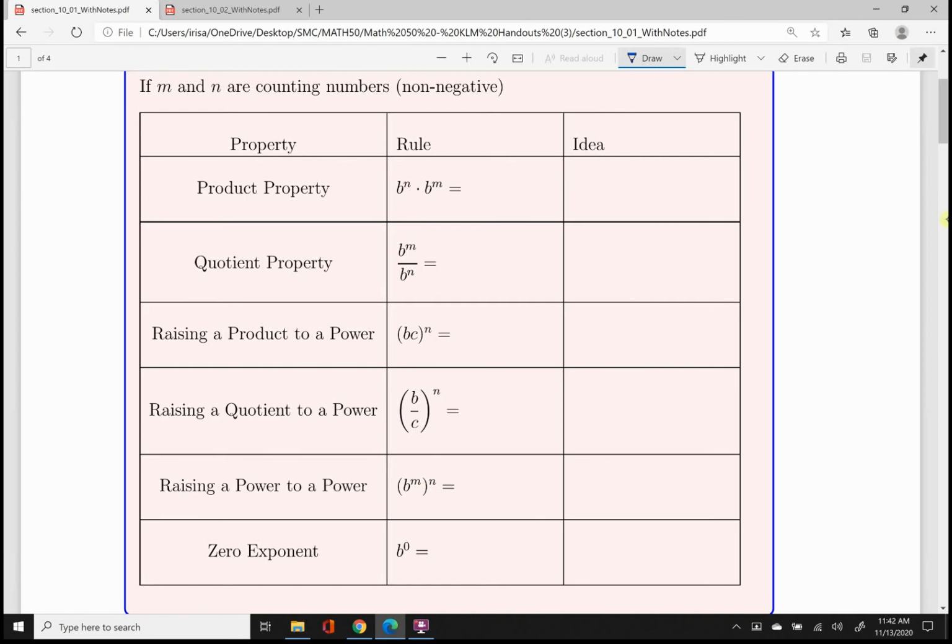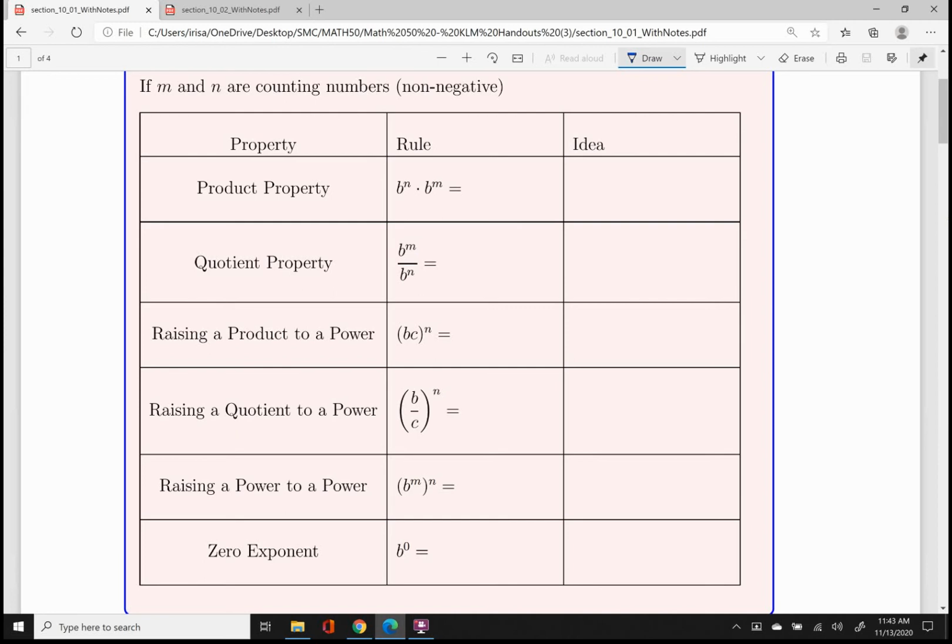So if we have two exponential expressions, so that's b to the n power being an exponential expression where b is the base and n is the exponent, multiplied by another exponential expression, the second one being a base b also, but an exponent of m, then we can use the product property or the product rule for exponents.